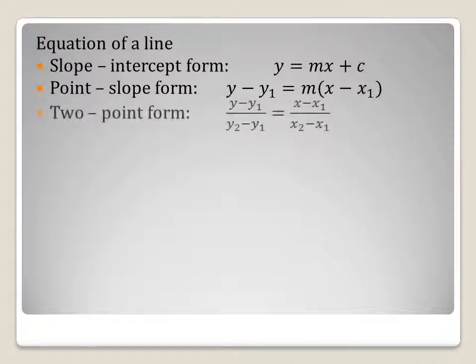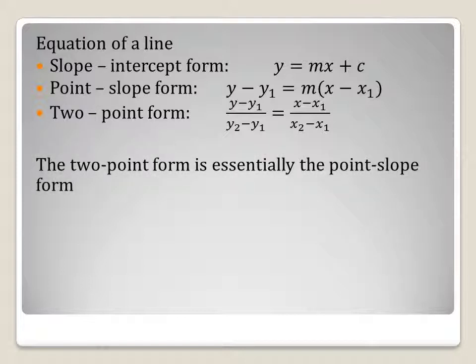And the 2-point form, (y minus y1) over (y2 minus y1) equals (x minus x1) over (x2 minus x1). Now only the first two, the slope-intercept and the point-slope form, need to be remembered. This is because the 2-point form is essentially the point-slope form.